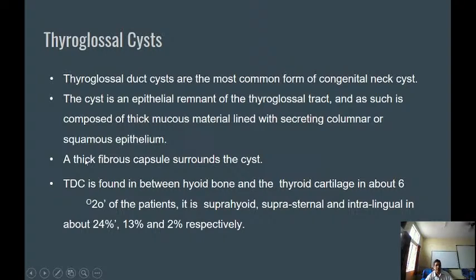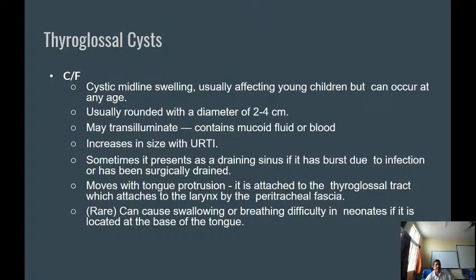Initially they form small cysts with a capsule, and usually they are divided into suprahyoid and infrahyoid depending on their location. And these cysts are cystic in consistency, usually affecting the children, but it can occur later also.